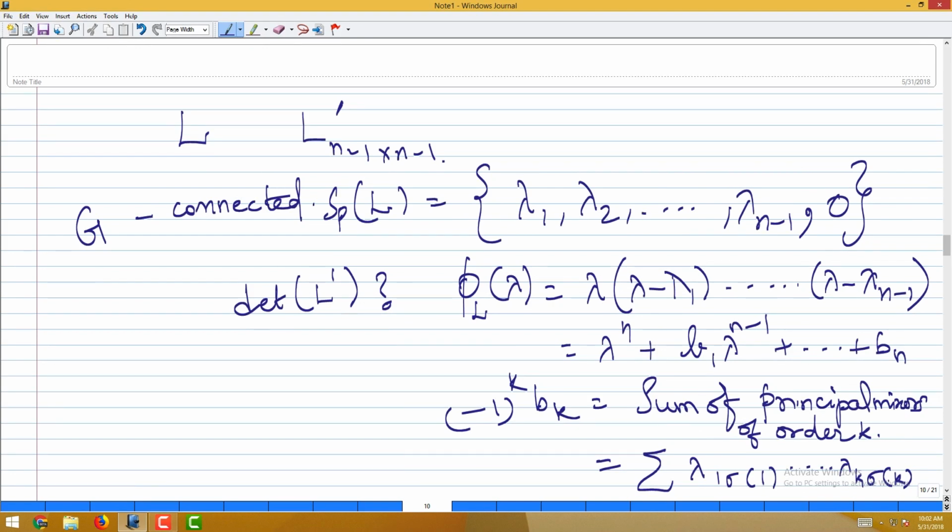Out of n you are choosing k at a time, so I can write it in another way also. Choosing k lambdas at a time, you do all possible combinations, the sum of all the products of k lambdas. Somebody will scold me if I write it here, okay. This is nothing but the sum of products of k lambdas at a time.